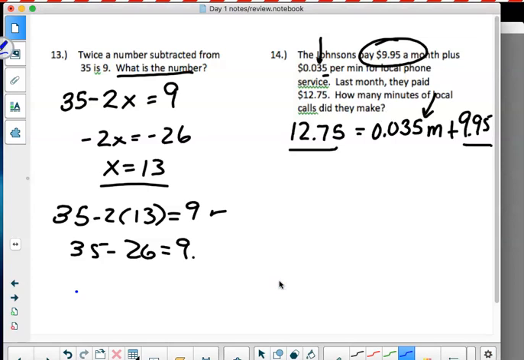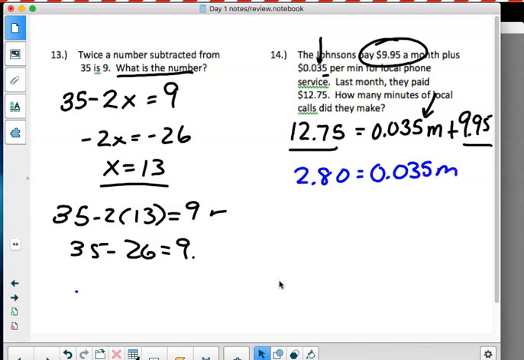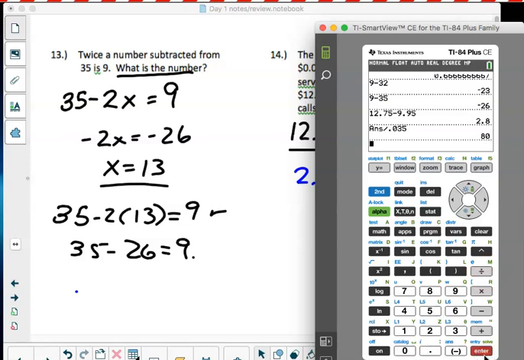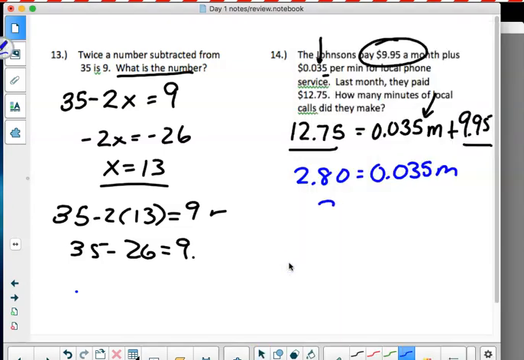So $2.80 is equal to 0.035 times the minutes. I'm going to find out how many minutes of local calls we made. So 2.8 divided by 0.035. Remember, that's 3.5 cents. So that's 80 minutes of calls. 80 is my answer.